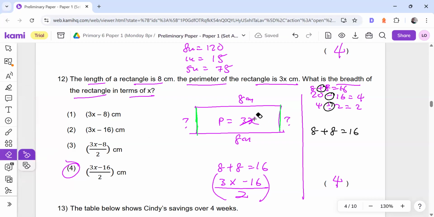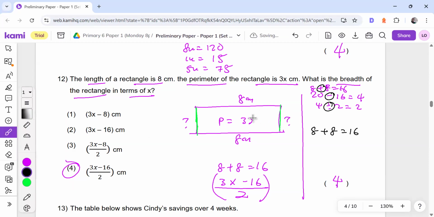So 3x minus 16, right? Then what's the last step? Divide by 2. So that's how you also get the same answer. All right, got it? So this is another way to solve the algebra problem. You change it into a primary 3 problem, and then you copy the steps.